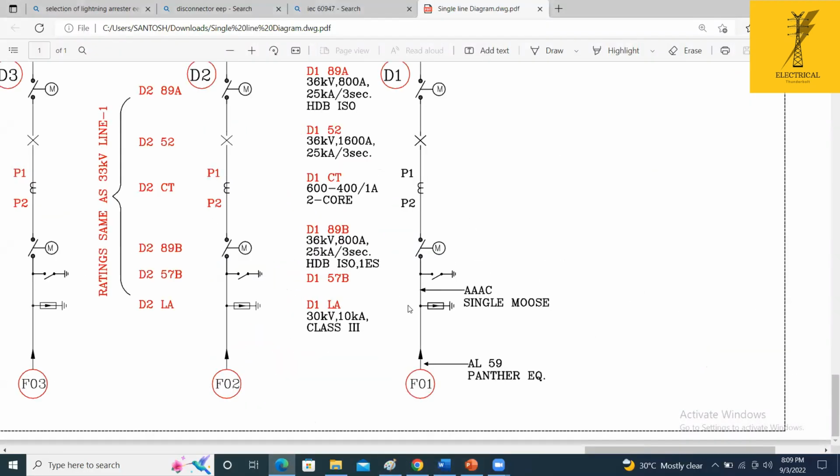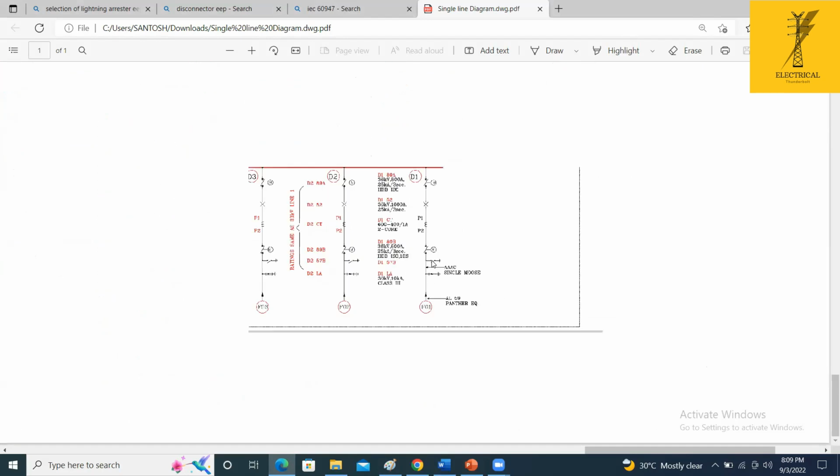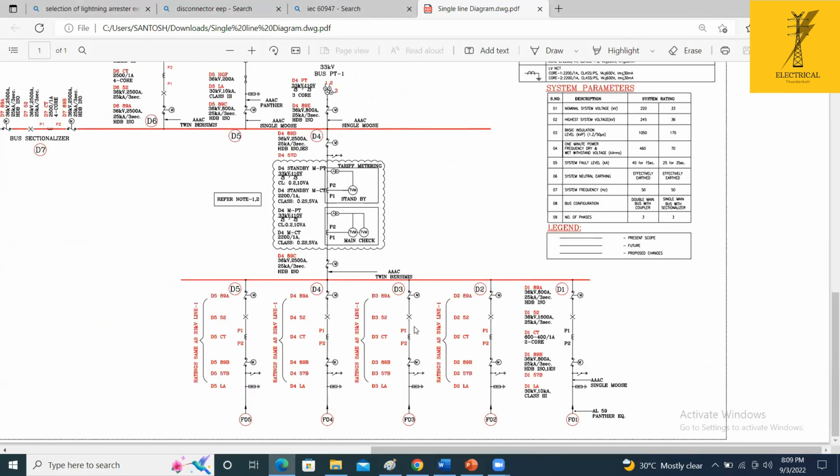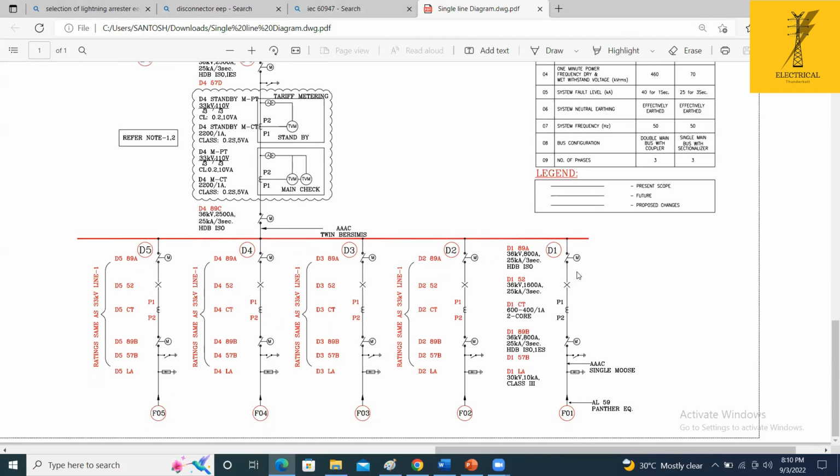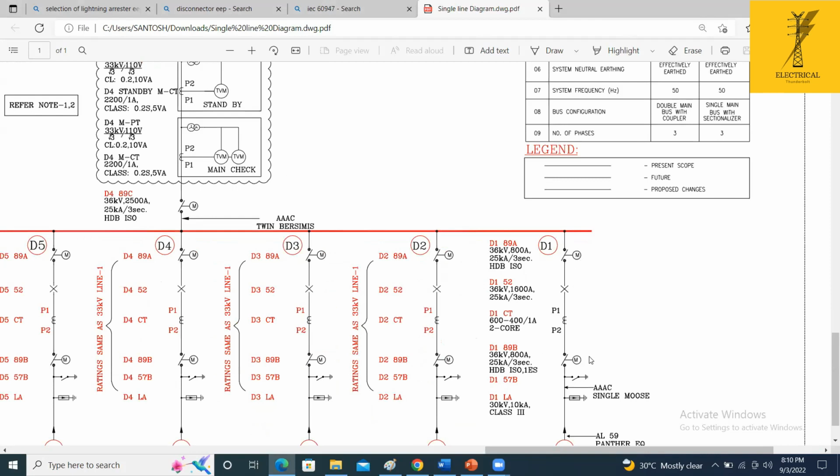We have these number of feeders. Today I want to attend a maintenance work on this breaker. So obviously I have to shut down only this part of the system from the rest of the system.